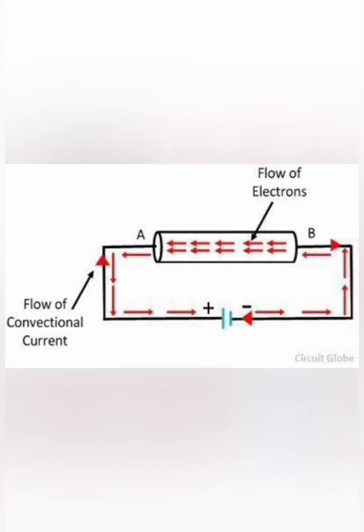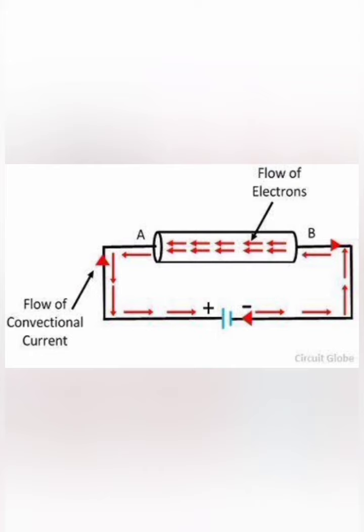This directed flow of electrons is called electric current. This flow of electrons from one place to another is called an electric current.